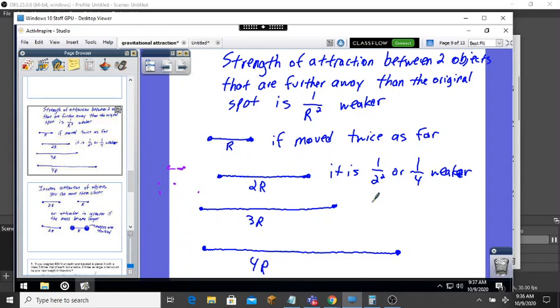It's going to be 1 over r squared, so 1/9. And for this one, for example, 1 over 4 squared, 1/16. That's how much weaker it ends up being from the original spot. Okay, if that somewhat makes sense.